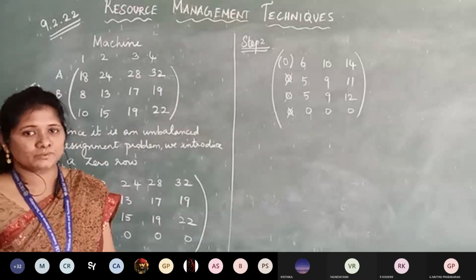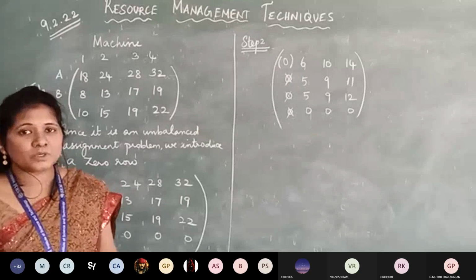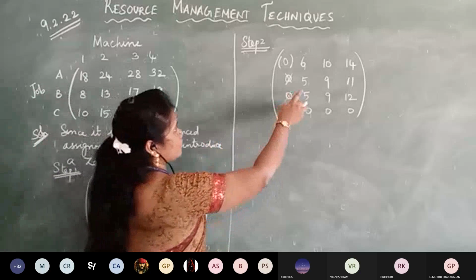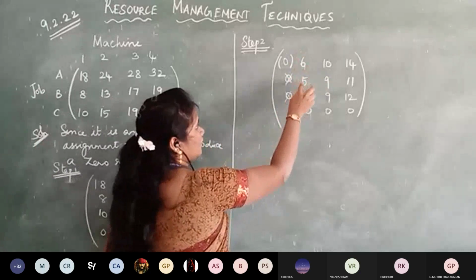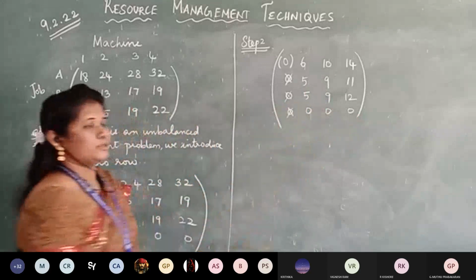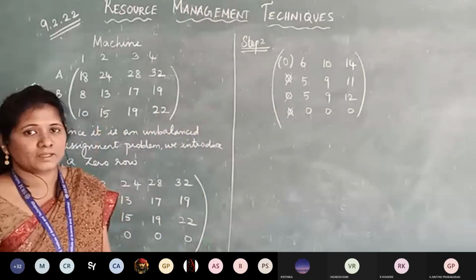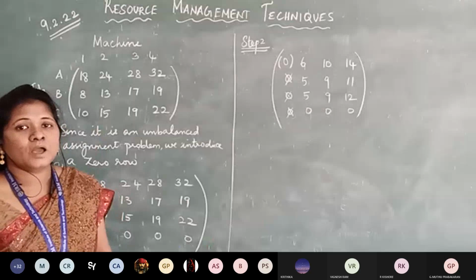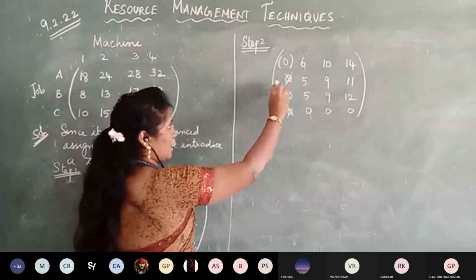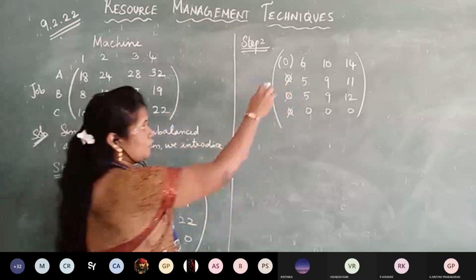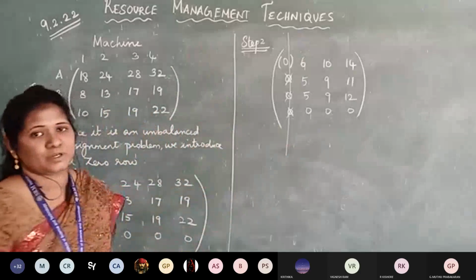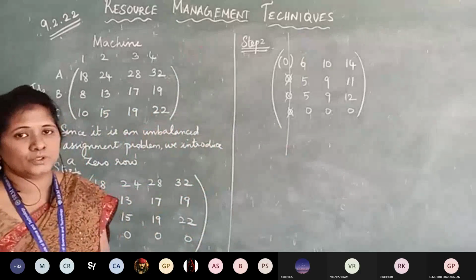So whichever row has not got an allocation, you have to see. Here only this row has got one, and these rows don't. In the rows where there is a 0 but it has been crossed over, you strike the column.